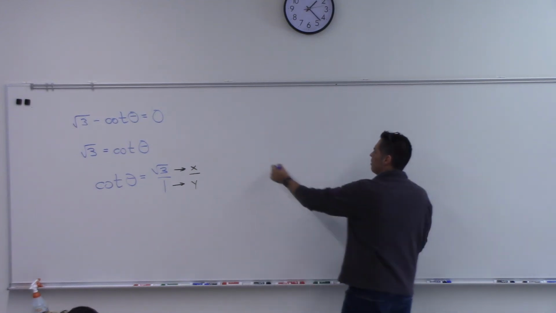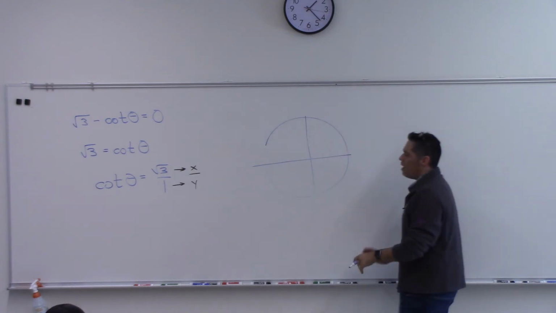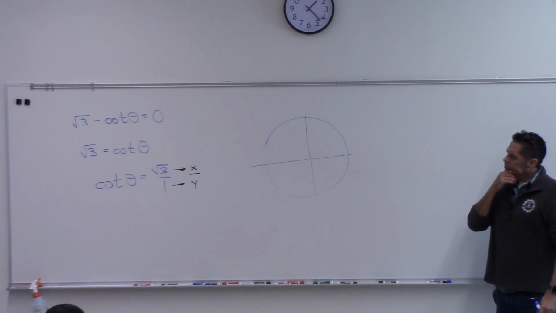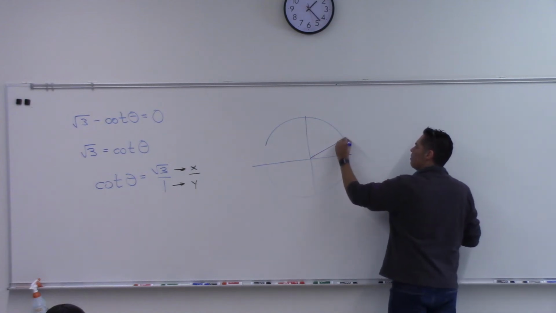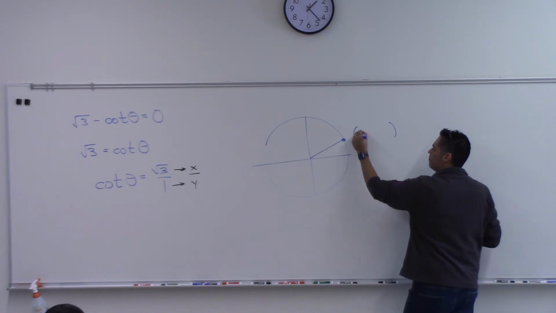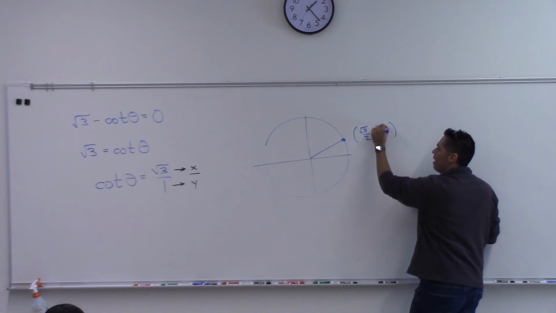Does this look like somewhere on the unit circle where you would have the x over y be this? Pi over 6 here. What's the x coordinate here? Root 3 over 2, right? And the y coordinate is a half.